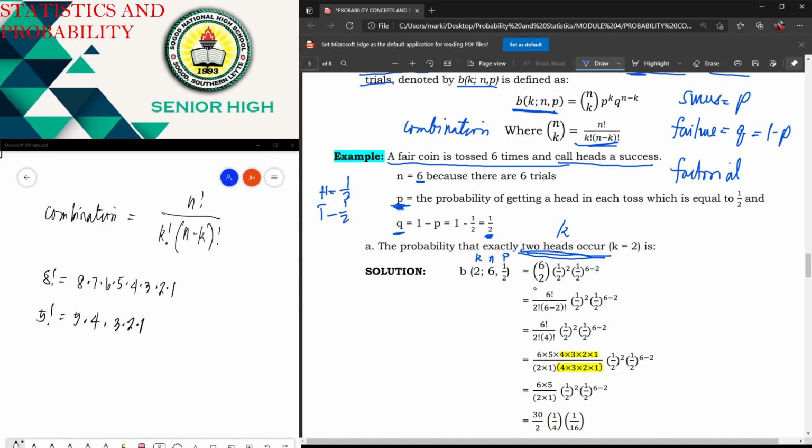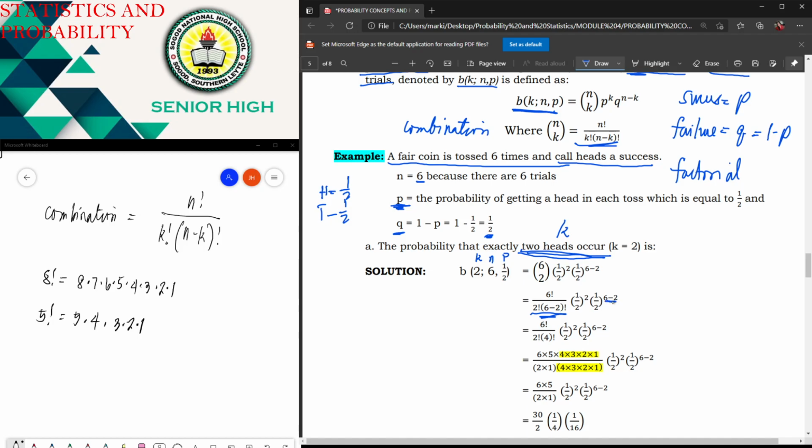Now we can substitute. This is not 6 over 2, but 6 combination 2. This is combination again: 6 factorial over 2 factorial times the difference of 6 and 2 factorial. We have 1/2 squared and 1/2 raised to 6 minus 2.